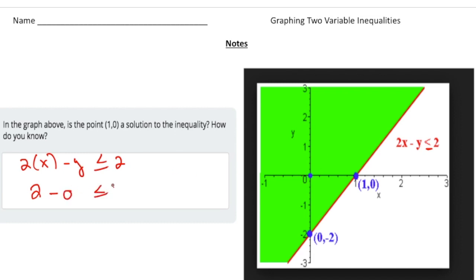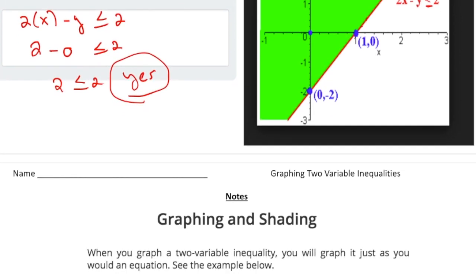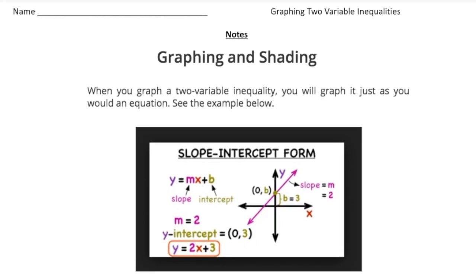Is less than or equal to 2. So the question is, is 2 less than or equal to 2? And the answer is yes. That's why (1, 0) is a solution to the graph, and that's why it's a solid line, because it's less than or equal to. Alright, let's go to the next page here.